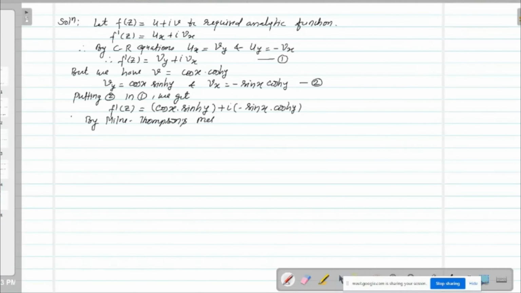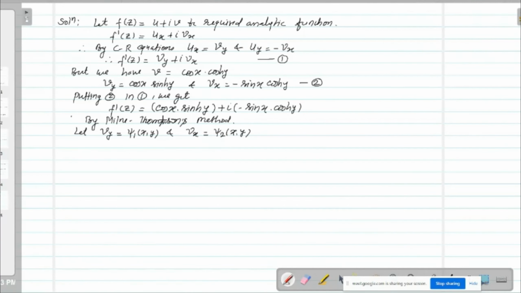So by Milne-Thompson's method, what is the method? We let vy equal to psi 1 of x comma y, and vx equal to psi 2 of x comma y.